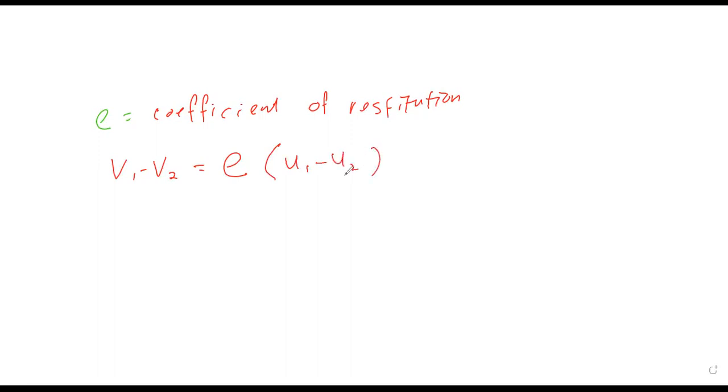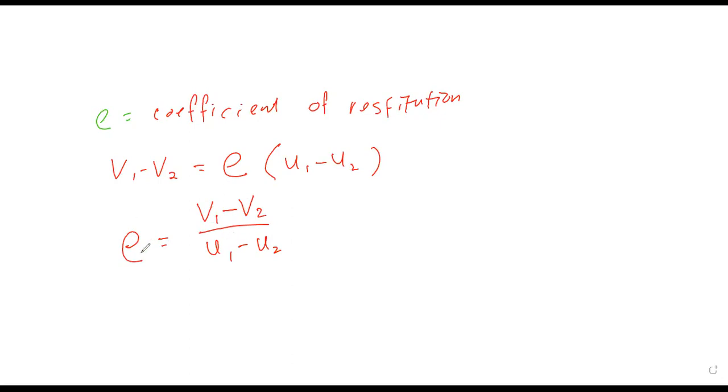So e will be equal to v1 minus v2 over u1 minus u2, the difference in the final velocity divided by the difference in the initial velocity.